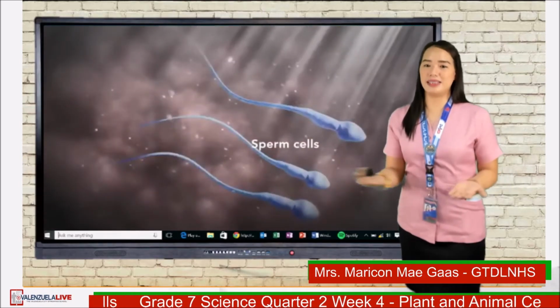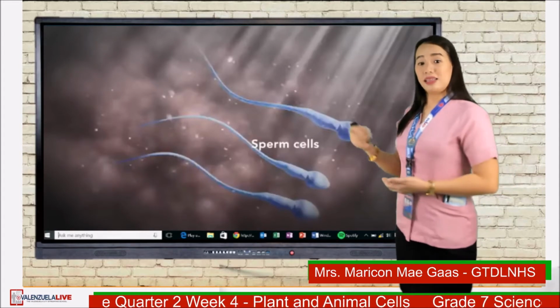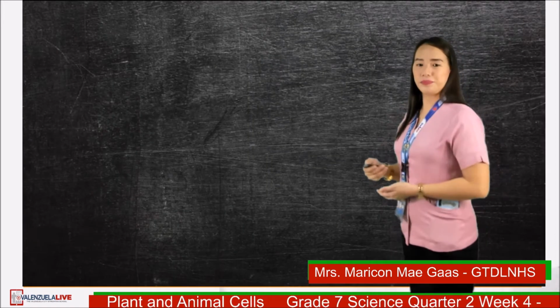To summarize the differences between plant and animal cells, take a closer look at this table.